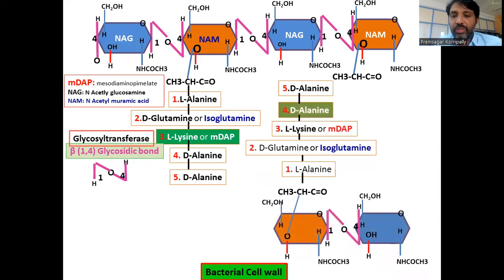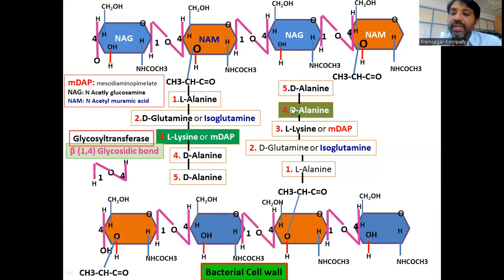Then the two strands of polysaccharides are cross-linked by a peptide bond. The peptide bond between the pentapeptide of one strand and the pentapeptide of the other strand is catalyzed by DD transpeptidase. DD transpeptidase forms the peptide bridge between the D-alanine of one strand and the L-lysine of the other strand.